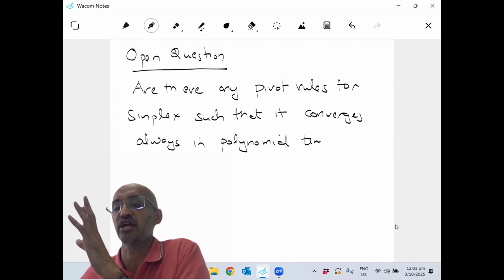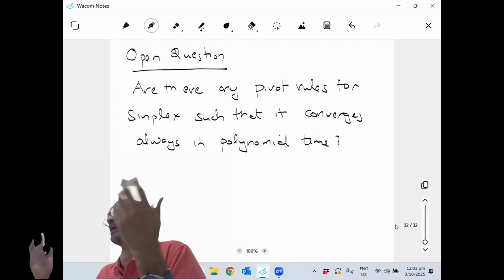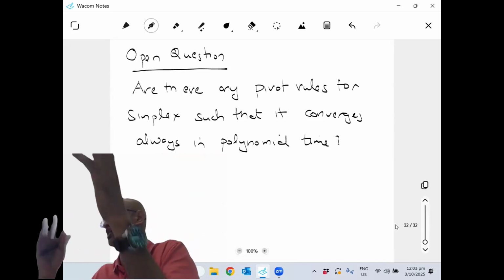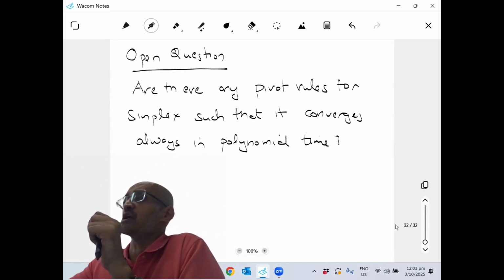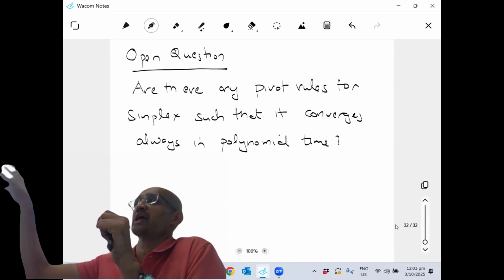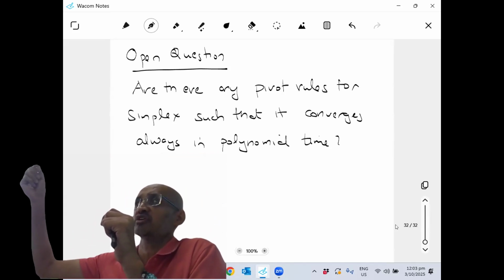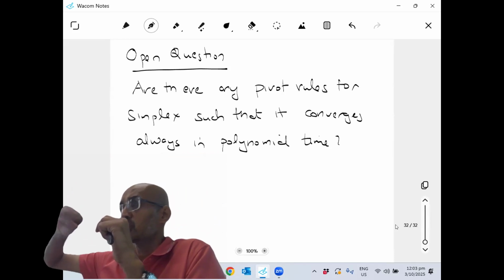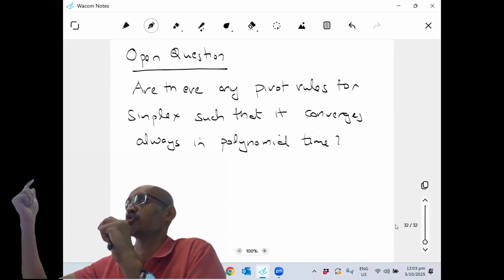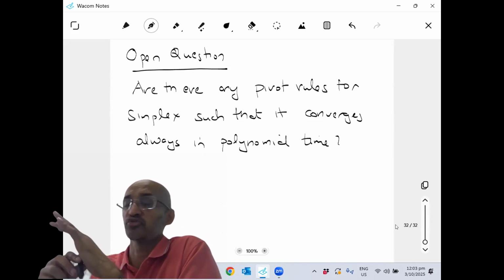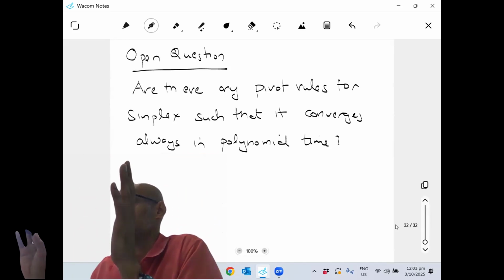This has not yet been shown. It might be true, it might be false. The answer could be yes or no. For every pivot rule so far, they've been able to create examples where, in the worst case, it takes an exponential number of steps. You have to go through a lot of basic feasible solutions or all of them. So this is an open question which is still unresolved in LPs to date.